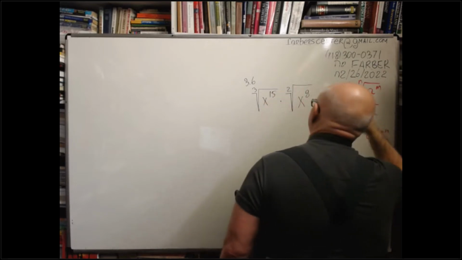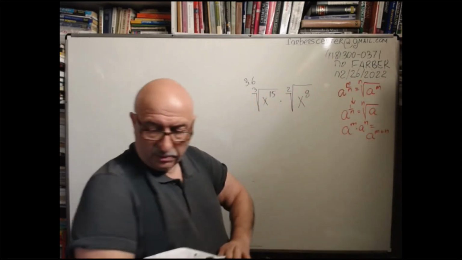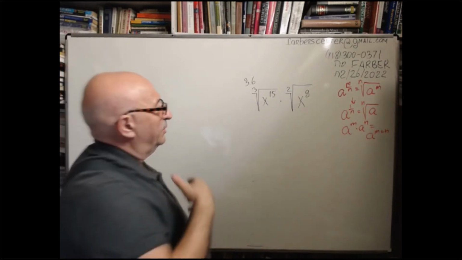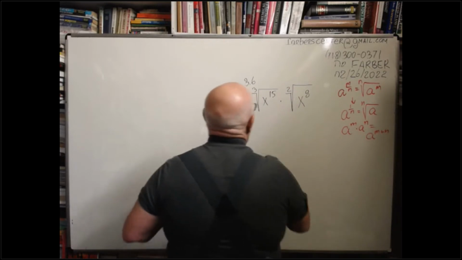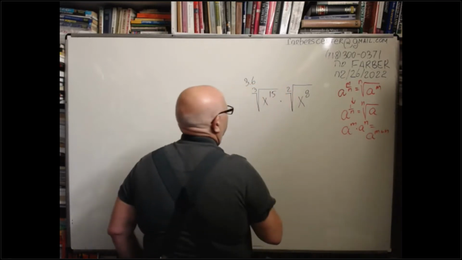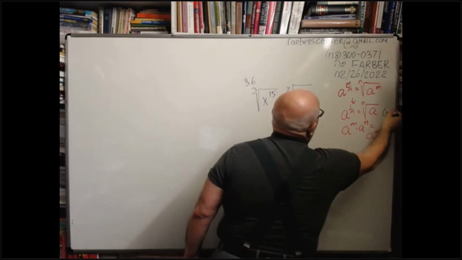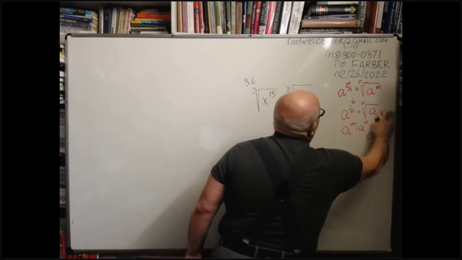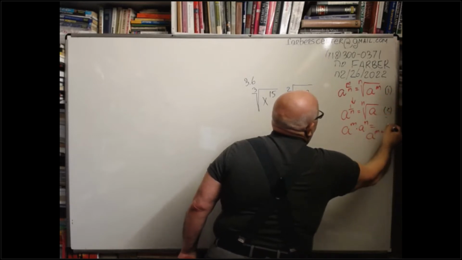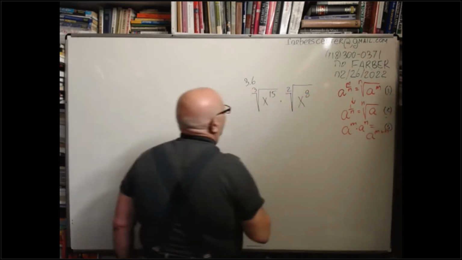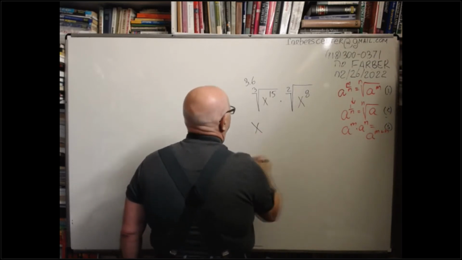Good. If I need something else, I'll write it down. This is a more natural way when you use powers. According to this formula too, let me write 1, 2, 3. Equal to 1 is the same as x to the power 15 over 3.